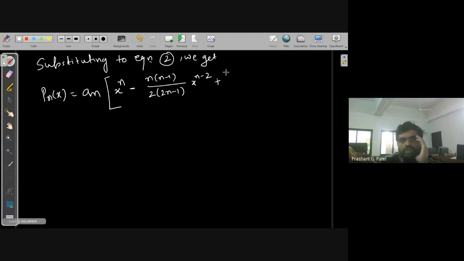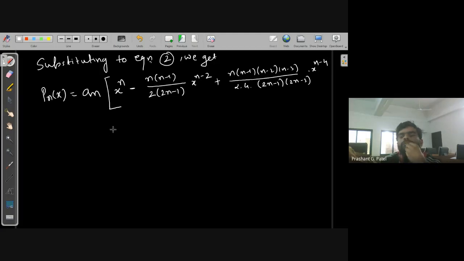The next term is plus n into n minus 1, n minus 2, n minus 3 upon 2 into 4, 2n minus 1, 2n minus 3 into x power n minus 4. Then you will have further terms.